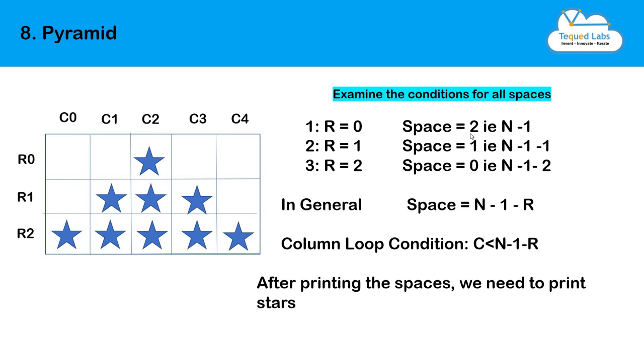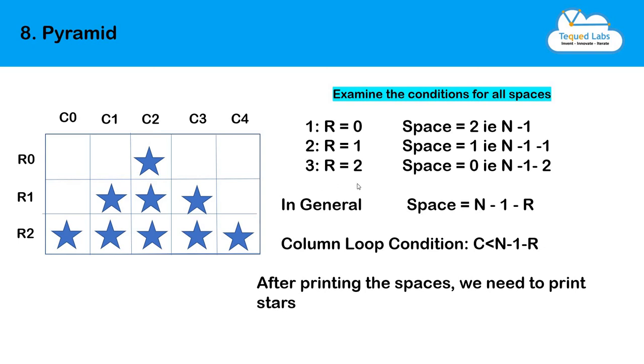Now we have to convert these numbers in terms of n, which is our input. So 2 can be written as n minus 1. N is 3 in this particular case because there are 3 rows. Next, 1 can be written as n minus 1 minus 1. 0 can be written as n minus 1 minus 2.